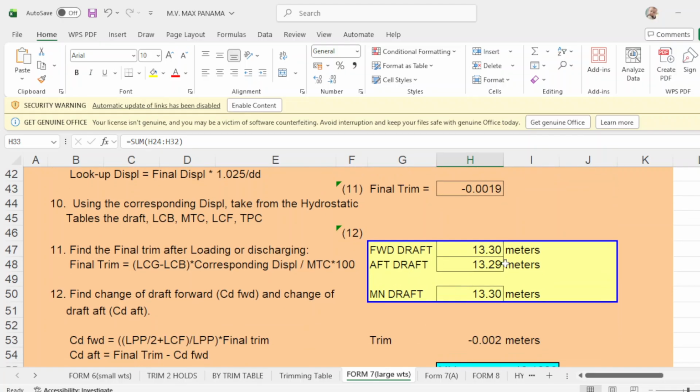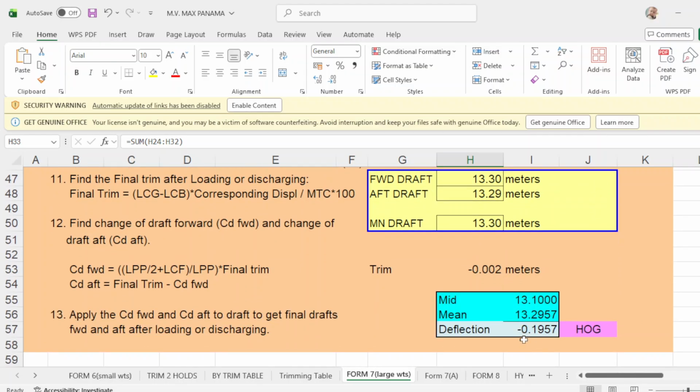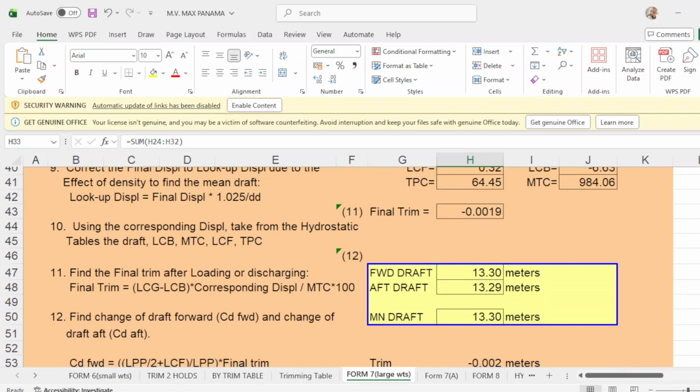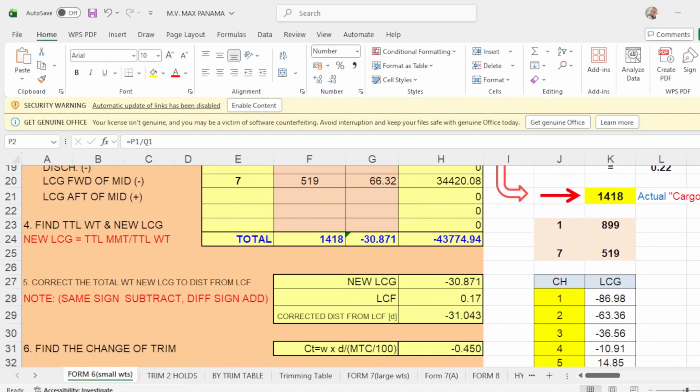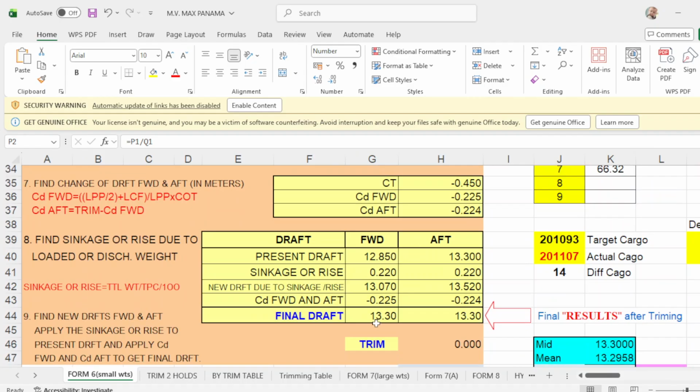Forward will be 13.30. Up drop is 13.29. And your mean drop is 13.30. You have zero trim. And your deflection is 0.19. Okay. The up drop is 13.29 because of the mathematical equation. But the true draft you will get is forward 13.30, up draft is 13.30, and they are even keel.